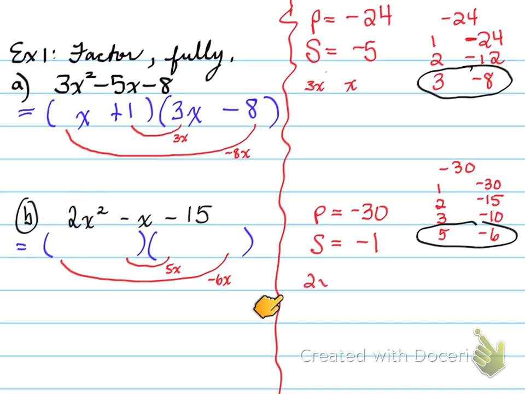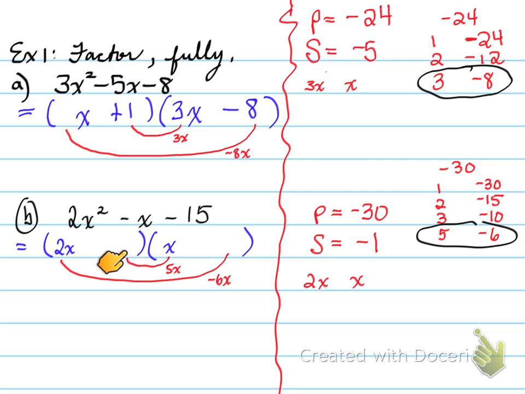And that's going to be 2x and x, which multiply to give me 2x squared. So one of the fronts will get 2x. One of the fronts will get x. How do we know which one? Which one of these is divisible by 2? Well, hopefully you figured it's this one. So that means 2x must go here, and that means x will go here.